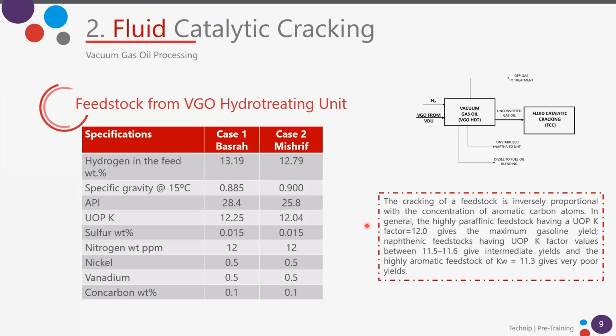So it's a calculated factor, and it will give you more or less an idea of the paraffins that you will have in the stream to the unit. So in the catalytic cracking, these paraffinic streams will give you the maximum gasoline yield. That is our target, okay? Gasoline, to produce more gasoline.